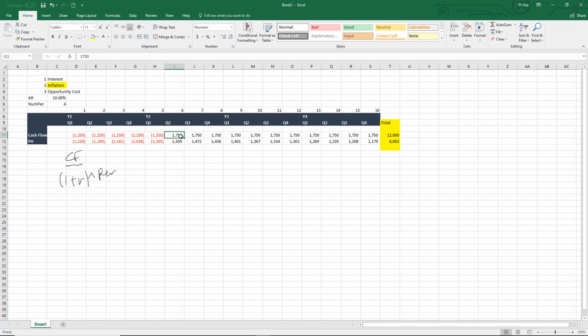If we don't accommodate some kind of correction, by the time we get out 6 quarters, one, two, three, four, five, six, at the end of the sixth quarter, when we take in $1,750, in today's dollars it's only worth $1,509,000. So we've lost $241,000 worth of value in an environment where there's 10% inflation if we don't correct for it.